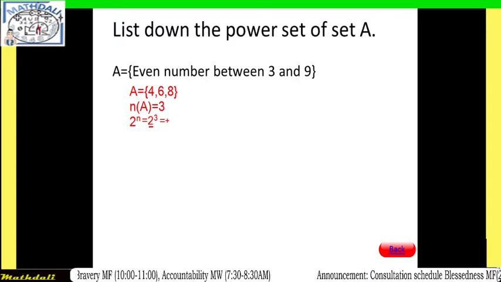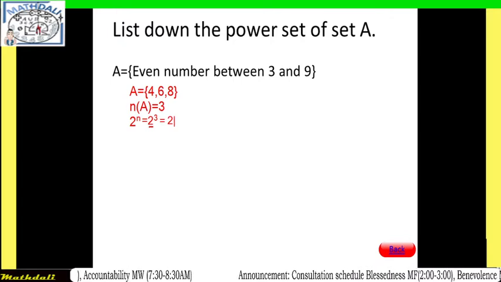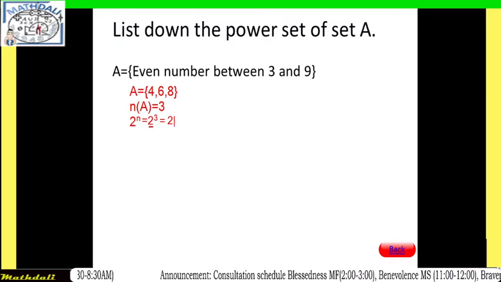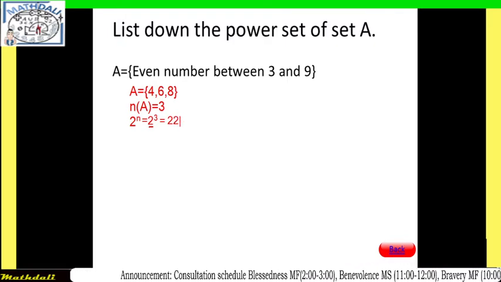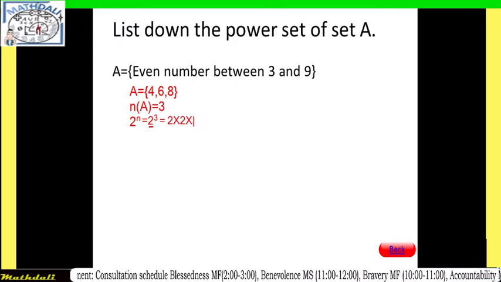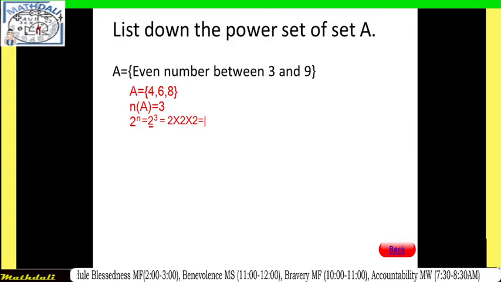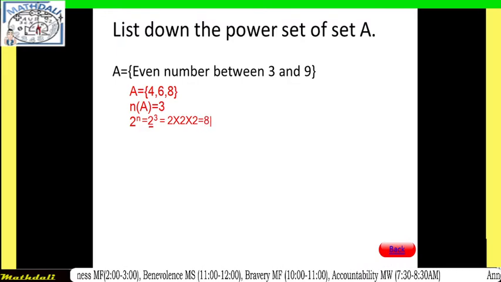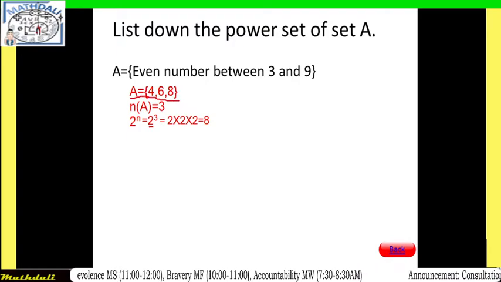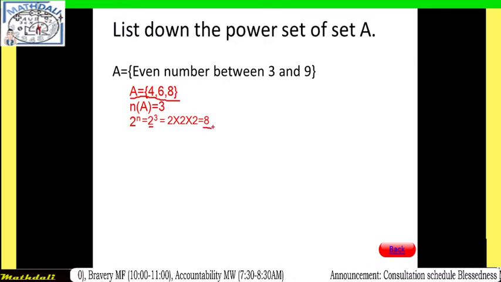So we have 2 times 2 times 2, which is 4 times 2, and that is equal to 8. This means that this set with elements 4, 6, and 8 has 8 subsets.